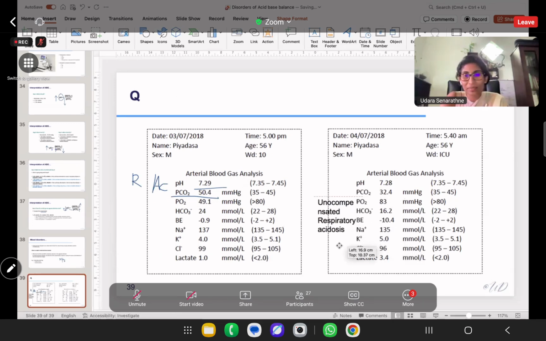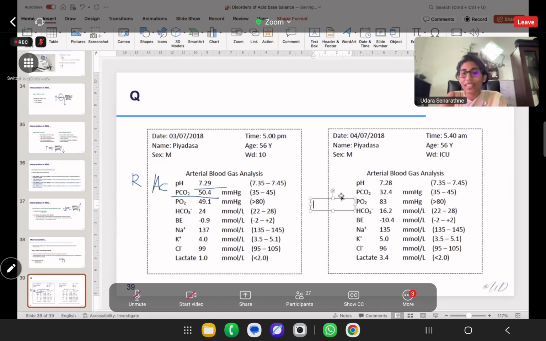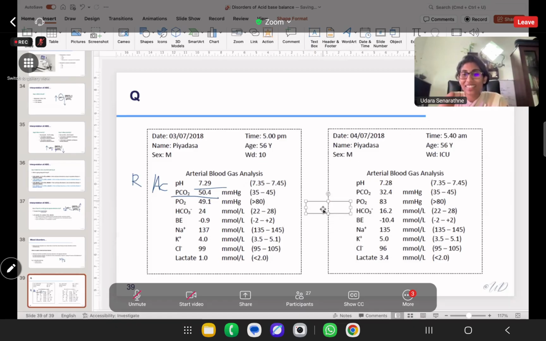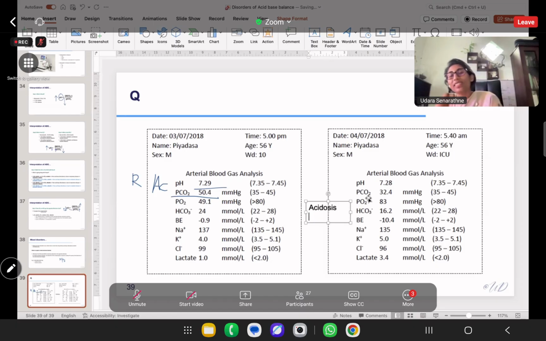What's with the next one now? What's the pH here? Is the pH increased or decreased? Is it acidosis or alkalosis? Very good. It's acidosis. So what is this acidosis? Let's first look at the CO2.